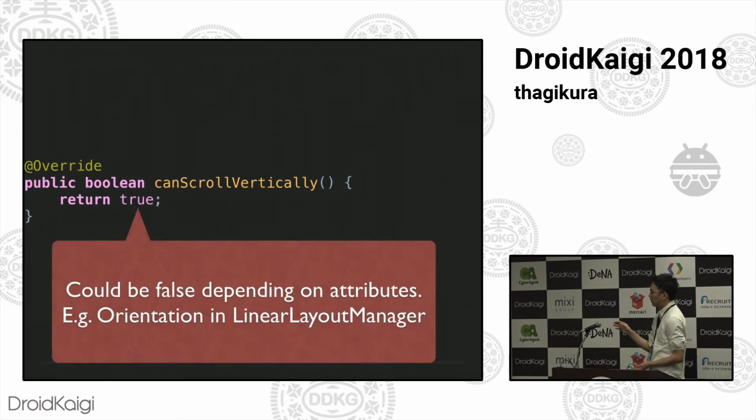But it could be false depending on the attributes. For example, if you imagine LinearLayoutManager, whether it can scroll vertically depends on orientation, right? So it doesn't have to return true always.